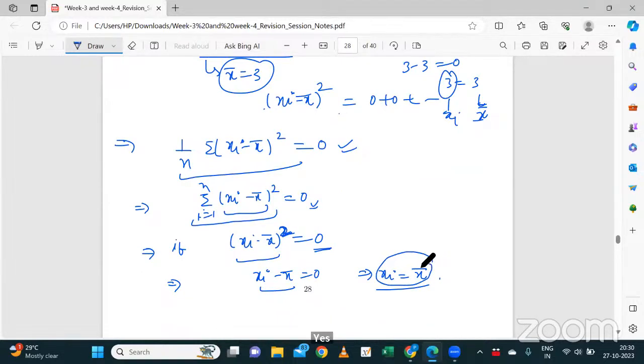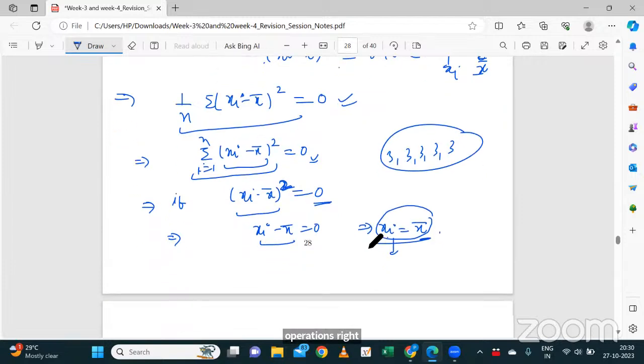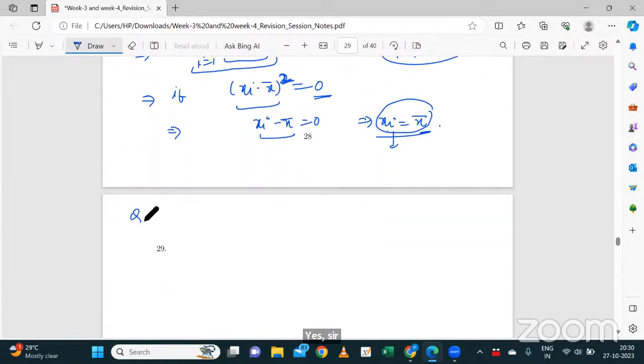So basically, what this xi equal to x bar shows is that the mean is the same as all the observations. When the mean will be the same as all the observations, all observations are same. Correct? Clear? Thank you.